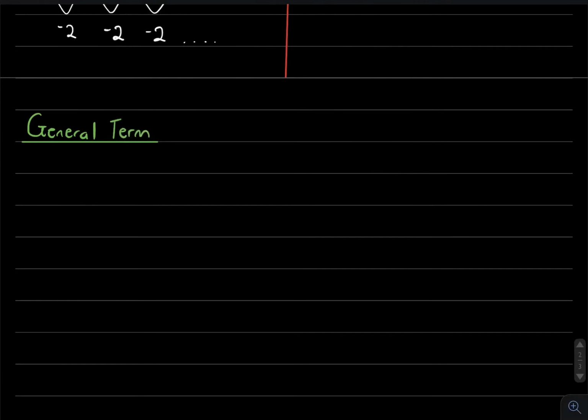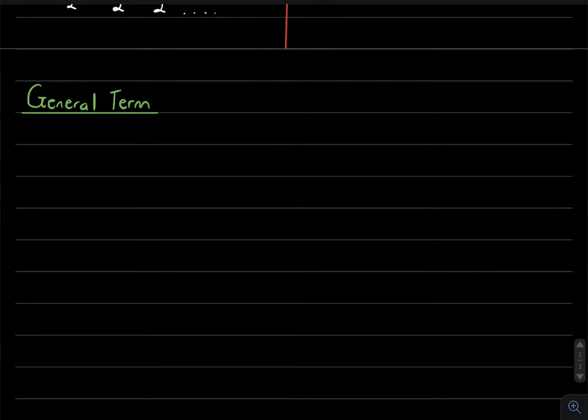Okay, so you might be wondering, what does it mean exactly to find the general term of a sequence? Basically, a general term is a rule that allows us to find any term in the sequence.